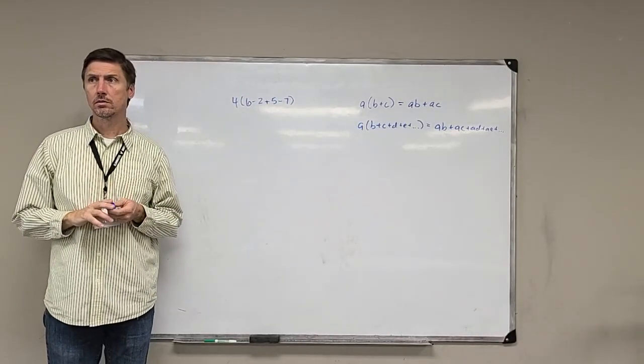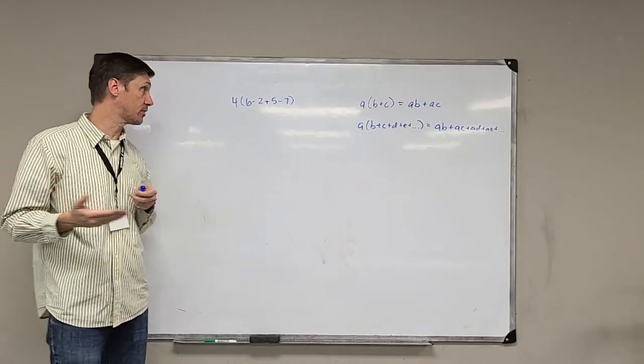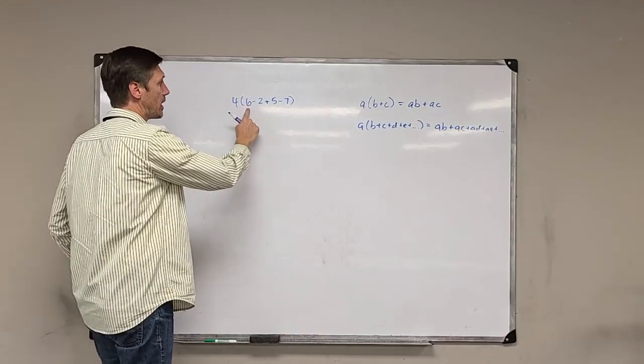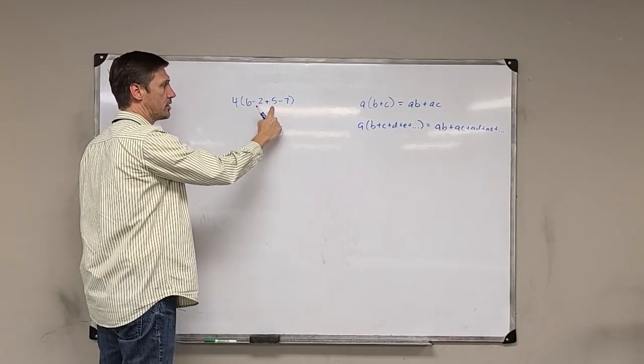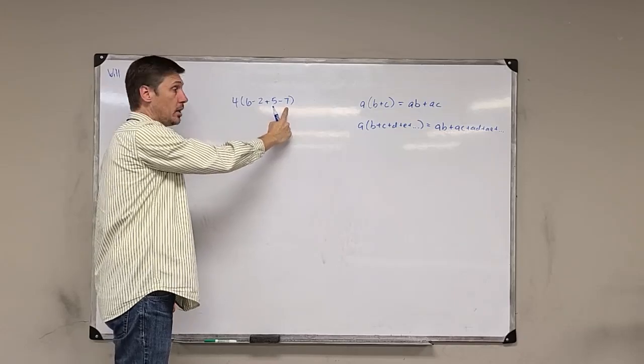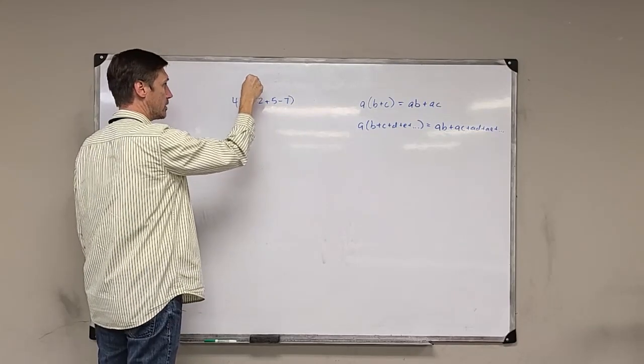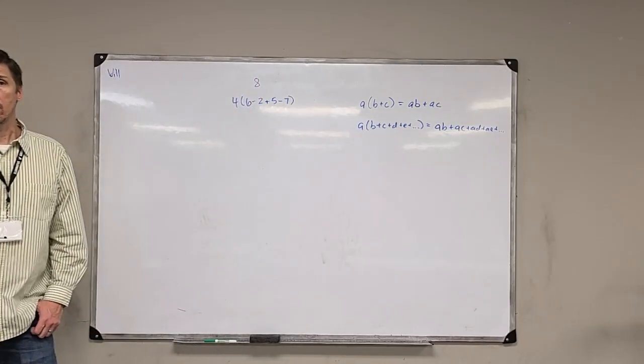We'd handle everything in the parentheses first. 6 minus 2 is 4, 4 plus 5 is 9, 9 minus 7 is 2, and so 2 times 4 is 8. So we'd come up with that using our order of operations.